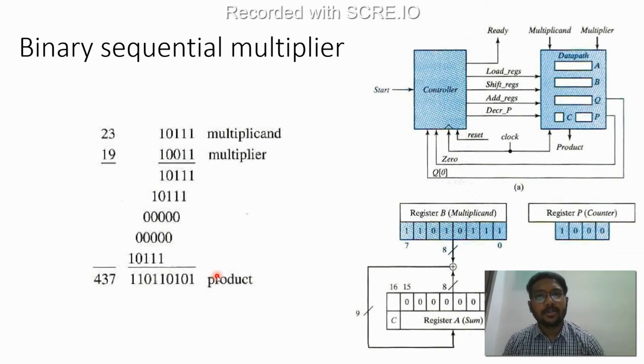The first step is, what is your requirement? In this session, our requirement is to implement the binary sequential multiplier. We will see how we use the registers to implement this particular functionality.